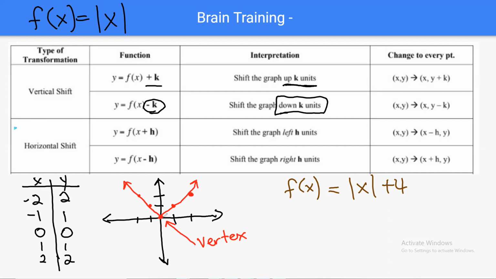The point (0, 0) becomes (0, 4), right there. (-1, 1) becomes (-1, 5) right here, and so on and so forth. I'm just going to move these up 4 units. So now it looks like this. Does that make sense?